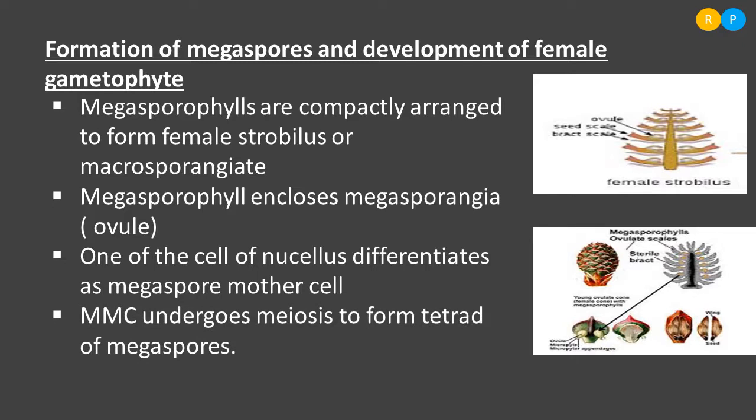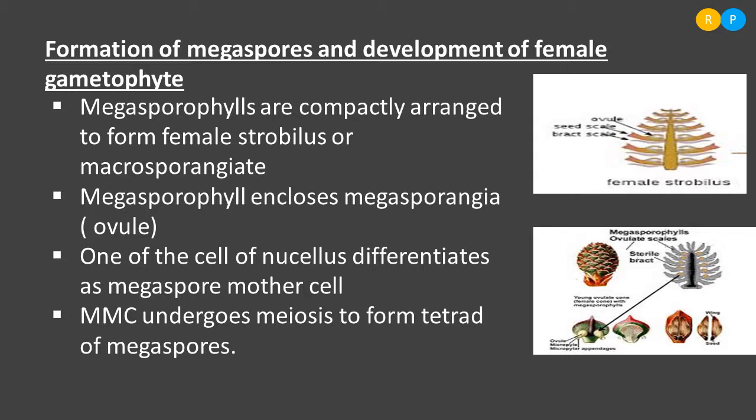The megaspore mother cell, being a dominant cell, undergoes reductional division because this is a diploid cell. This diploid cell undergoes reductional division, called meiosis, to form tetrads. As a result of meiosis, how many cells will form from the one parental cell?